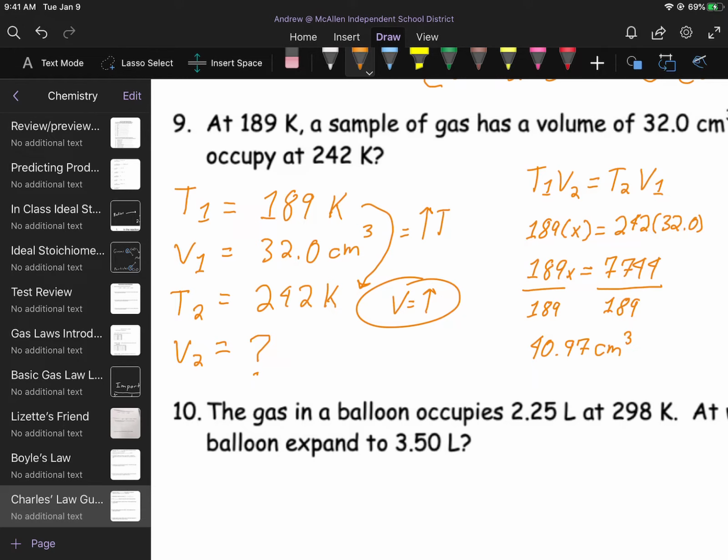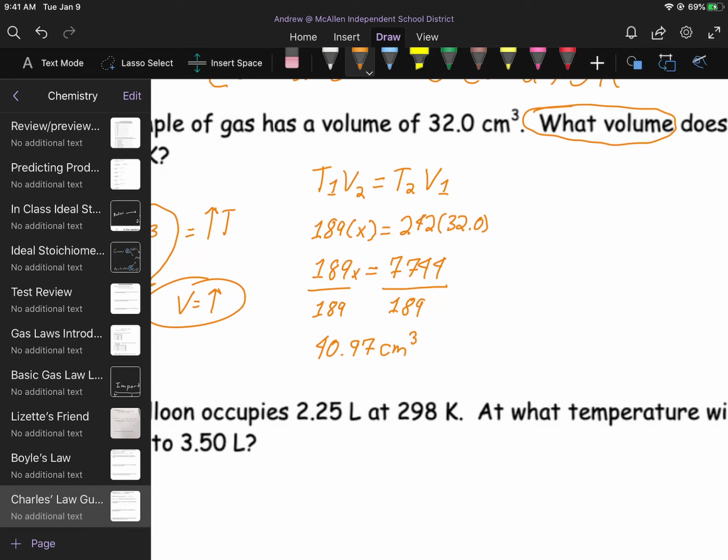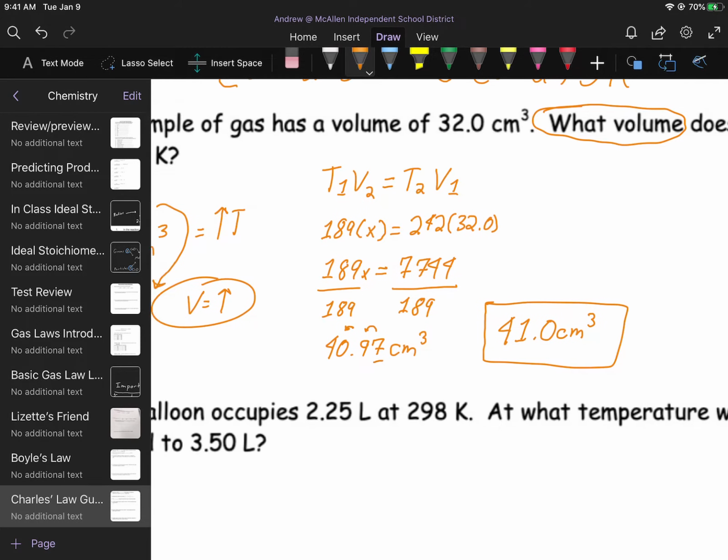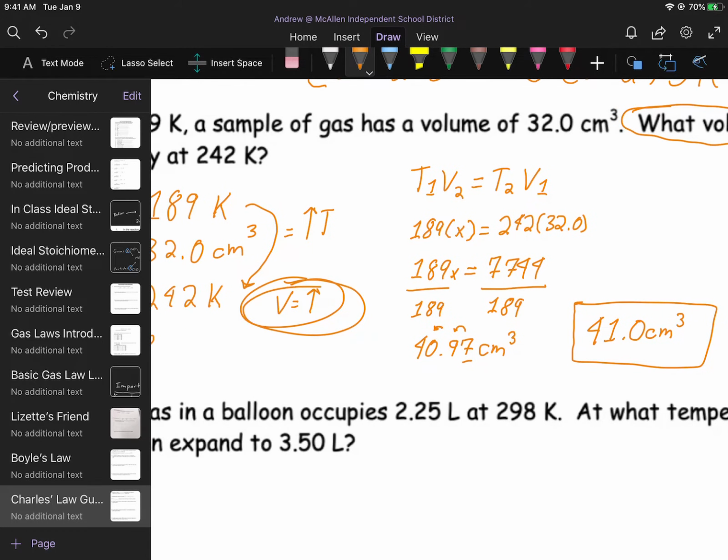But for you guys, I want you to round to the nearest tenth, so 1 decimal point. So this 7 is going to round this 9 up, but 9 rounded up is going to round this 0 up. So really the answer I want is 41.0 centimeters cubed. Now, our hypothesis was that volume would increase.